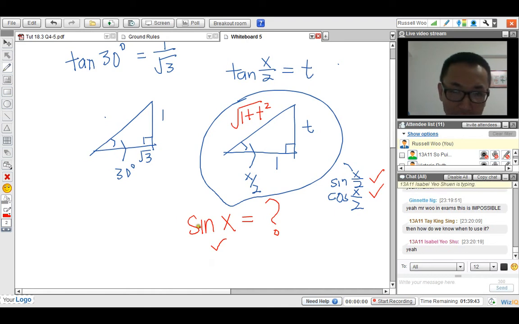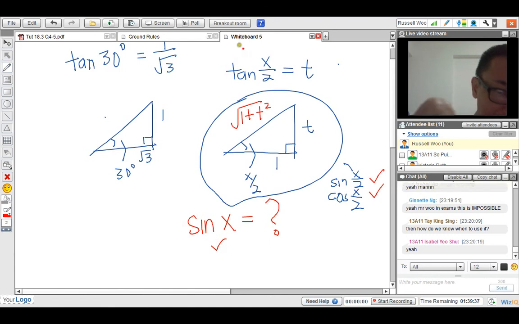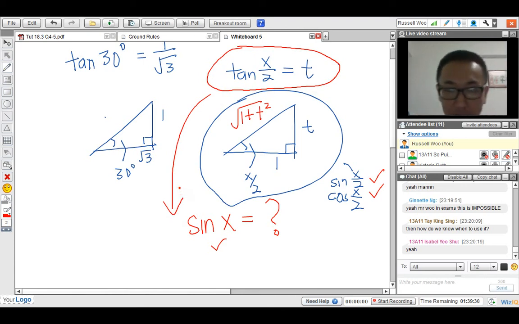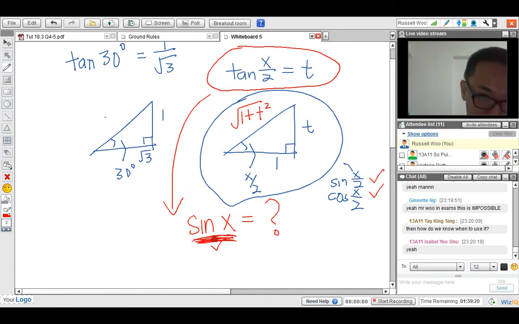Look, okay, I try and answer your question, Sarah. This is your given substitution. This is what you want to find, and you want to find the sine of a ratio. Sine x is a ratio.